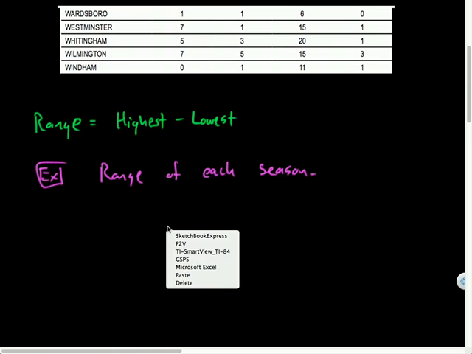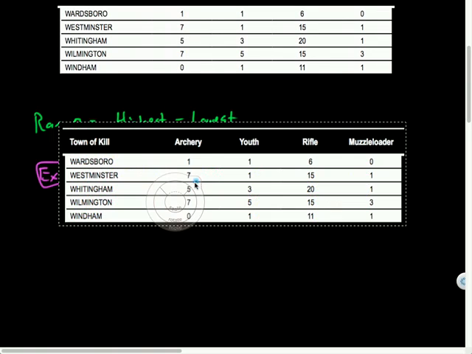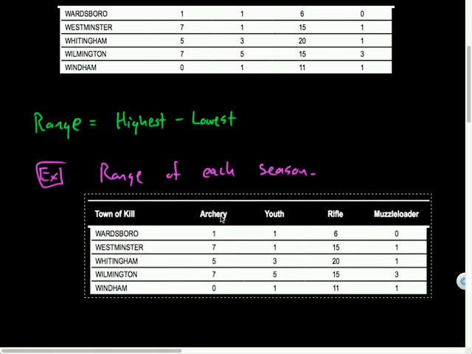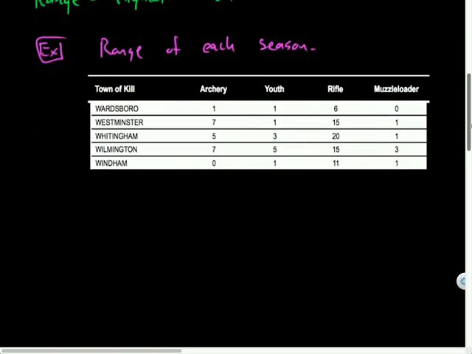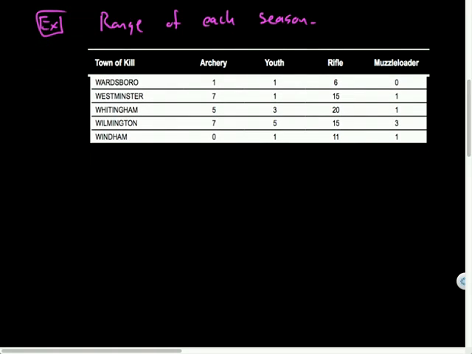So the range for, let's see, archery season, the highest number is 7 and the lowest number is 0, so the range is 7, right? For the youth season, the highest number is 5, the lowest number is 1, so the range is 4.